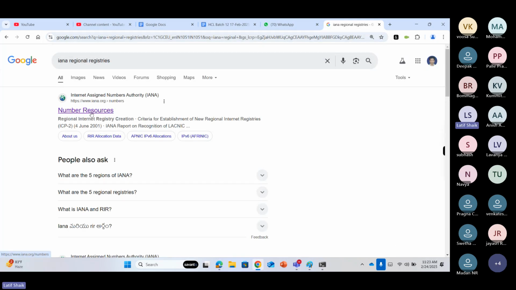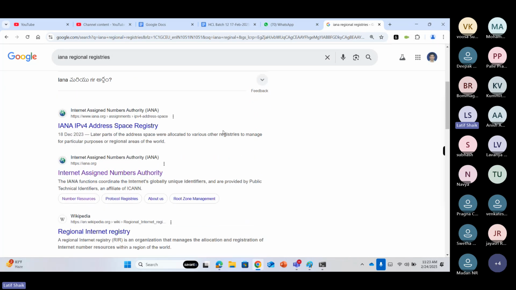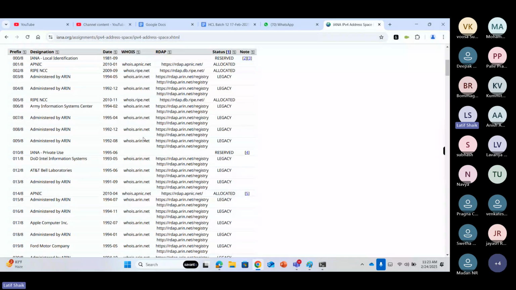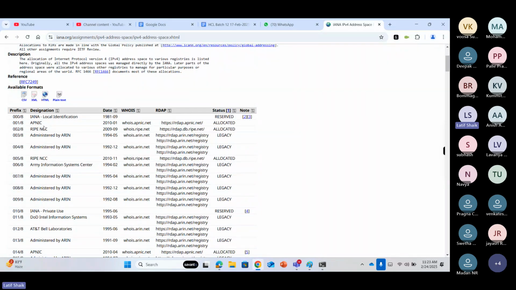Be careful with these sites also, because there is a possibility of duplicate sites. APNIC is our region, India plus other countries, the Asia Pacific region.